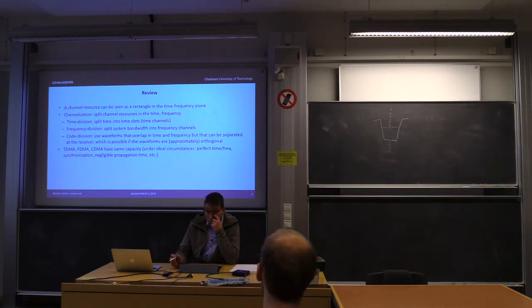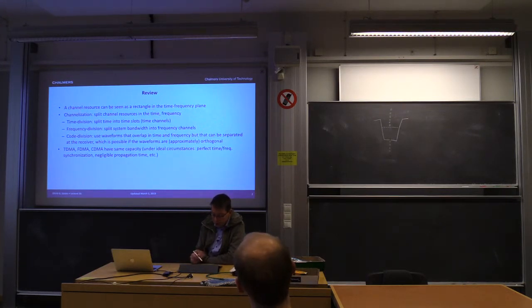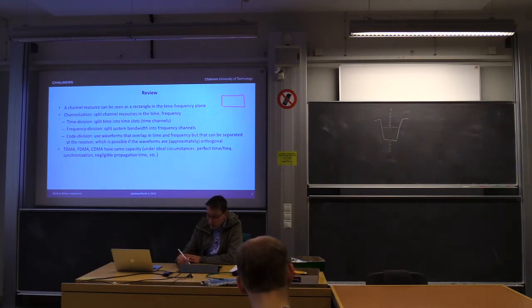Channelization is about how to split a medium into different types of channels. And we use this, for instance, in Wi-Fi. The idea is that the channel resource is a rectangle in a time frequency plane. So if we have, say, frequency along this axis and time along this axis, the radio resource we have, our channel resource, is this rectangle.